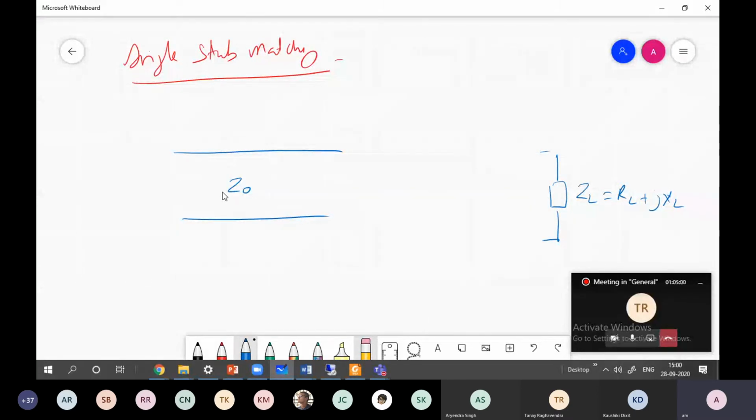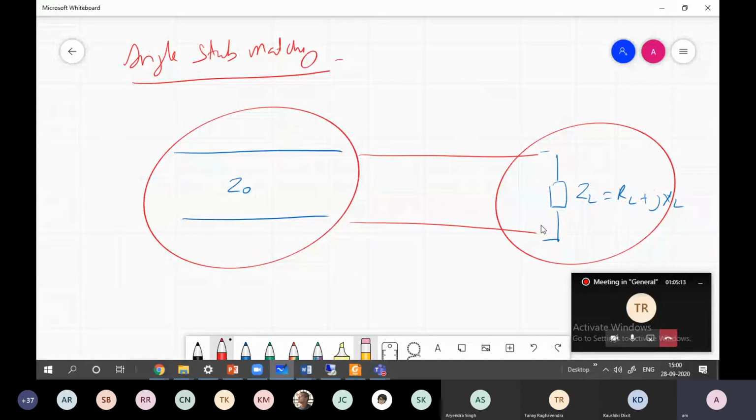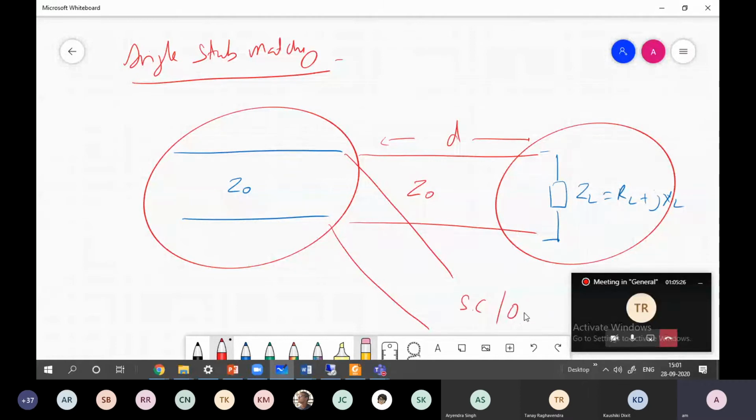To match this Z0 to this load, we connect a piece of transmission line with the same characteristic impedance Z0, at a distance D from the load end, and it can be either short circuited or open circuited, or it can be in series also. I will just give you, because I don't want to confuse you. So you will have four possibilities.